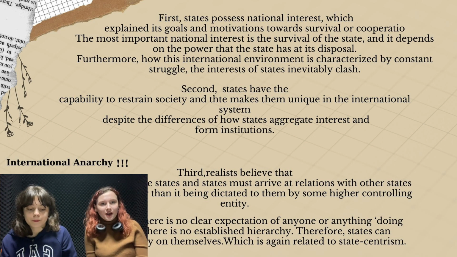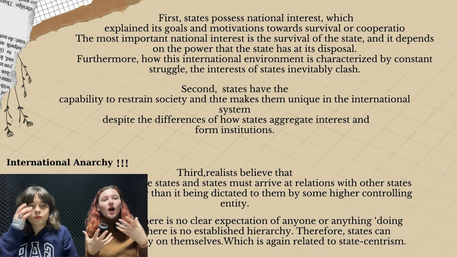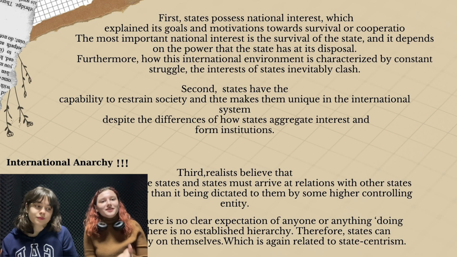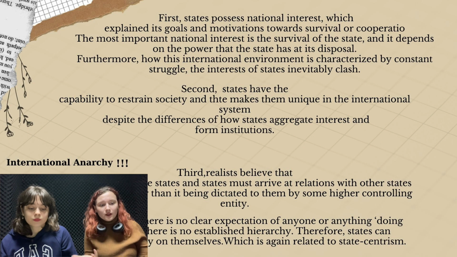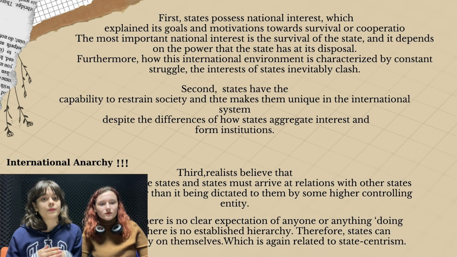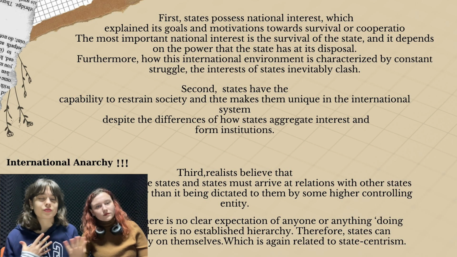In the international area, realists believe that there shouldn't be a power above the state to control this security, and this leads to international anarchy, which means that states are the most powerful actors in the international area. So there shouldn't be any IGOs, intergovernmental organizations. They basically believe that. And in the lack of these forces that we count, there will be anarchy, and this is kind of inevitable for the claims of realists.